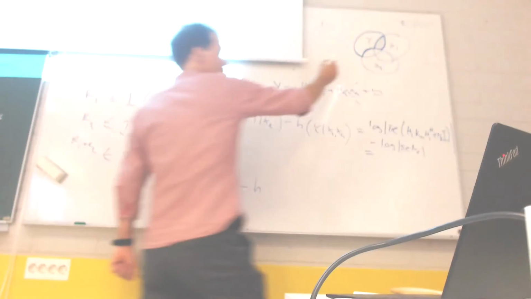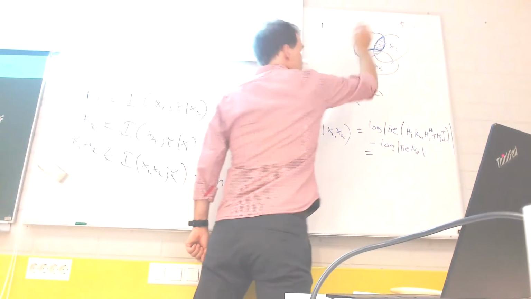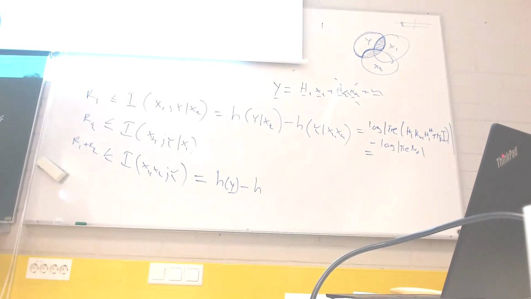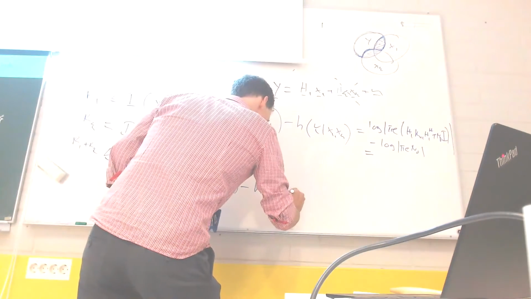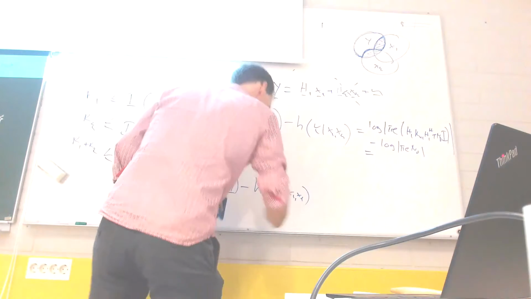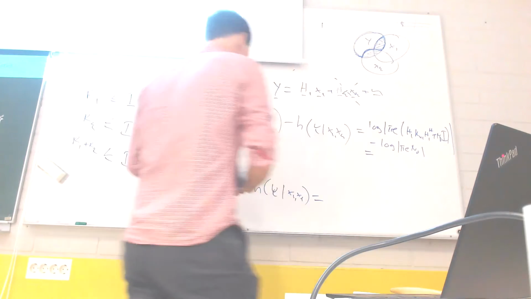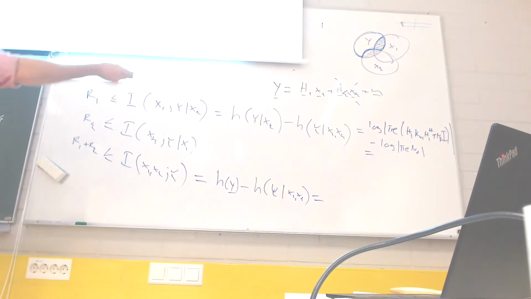We're interested now in this area. Differential entropy of y minus differential entropy of what? Y given x1, x2. Y given x1, x2. Which, when you plug in, gives you this one, right?